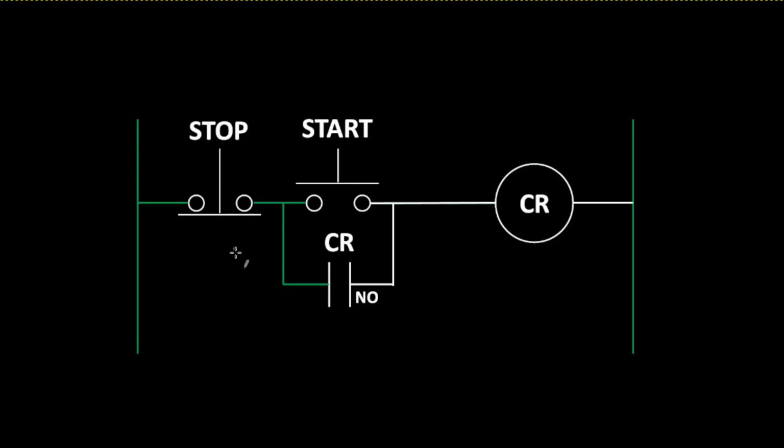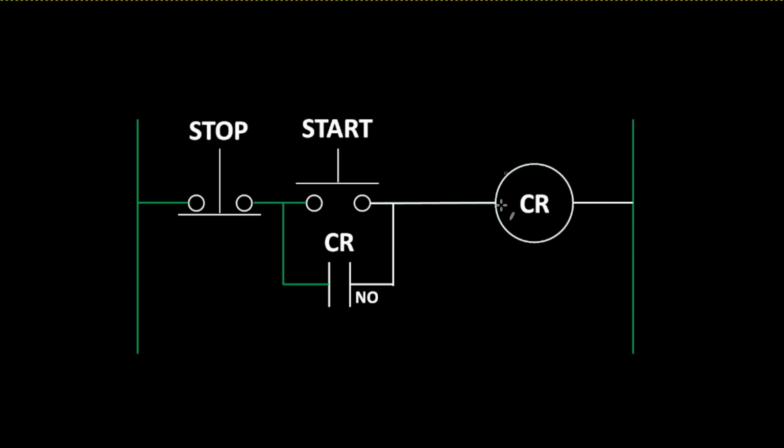Now I'm assuming we know how to read ladder logic. If you don't, there are a lot of videos on YouTube that will teach you how to read ladder logic. When you press the start push button, this switch will close, and I'll have current flow through the two switches and energize CR, which is a control relay.